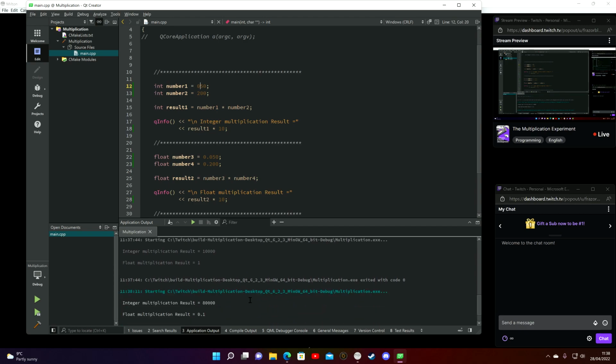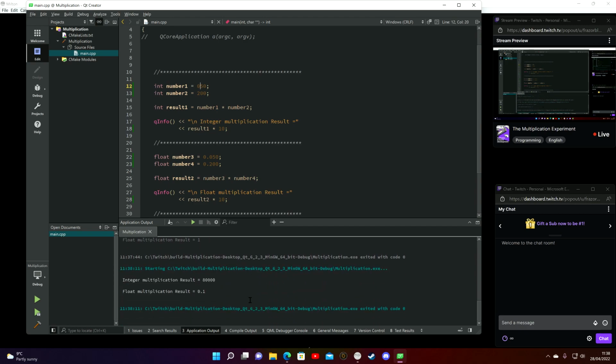Correct. 80,000 does equal 0.1. But you can see how we've destroyed the symmetry. That's an interesting result, that one. Why does that one work?